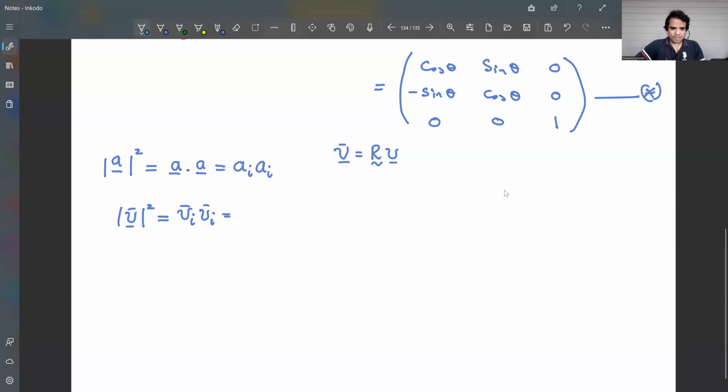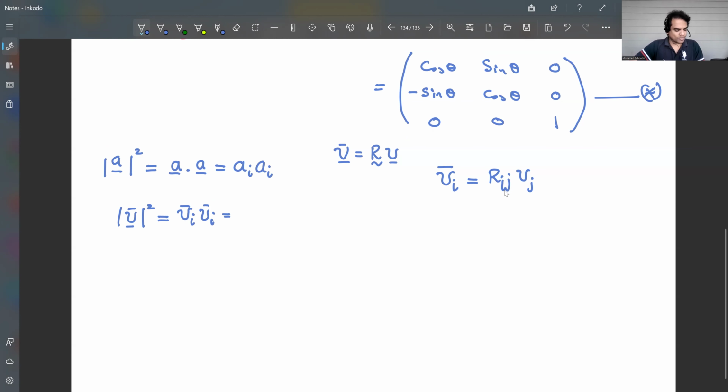For V bar i, I can write R, and you remember the second subscript of the matrix and the subscript of the vector must be the same. It should be a repeated index: R_ij V_j. This is something we discussed in previous videos. On both sides the free index is i.